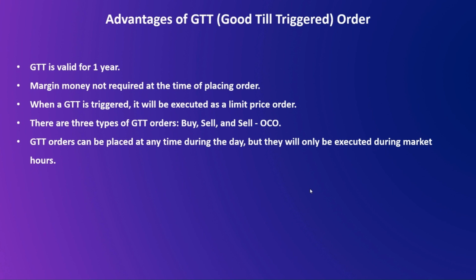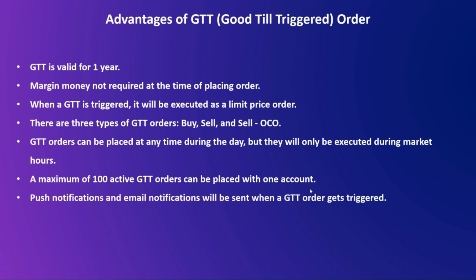These GTT orders can be placed at any time, but they only get executed during market hours. Another cool feature is that a maximum of 100 active GTT orders can be placed with one account. So you have a lot of GTT orders, friends, and you can use them to the maximum extent possible. Whenever you don't want a GTT order, you can delete it, and in place of that, you can place new GTT orders.